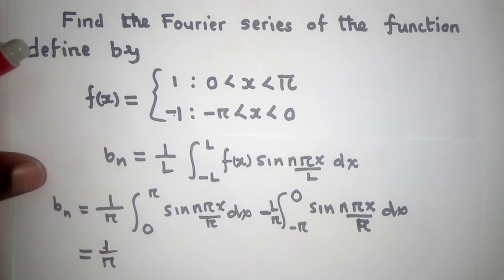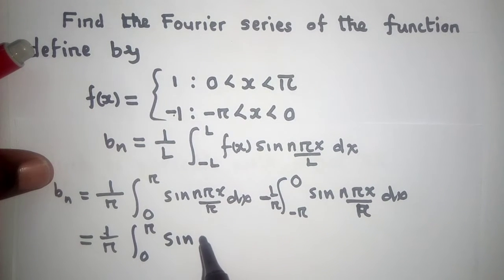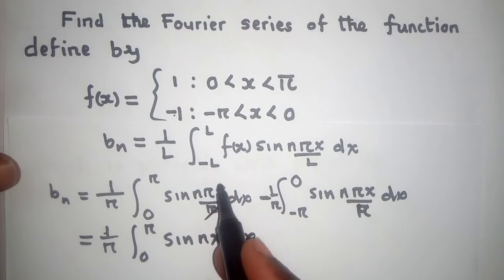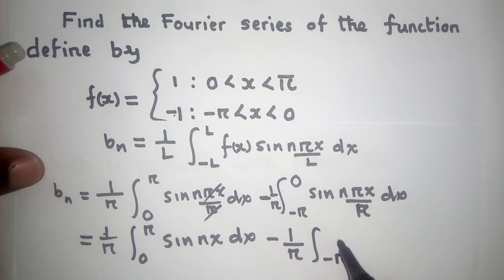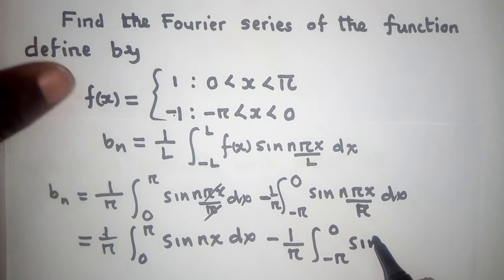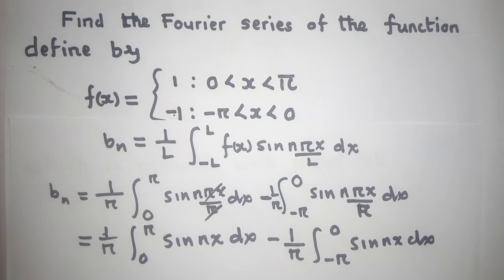When we solve nicely, we have something like this. Here it will be sine nx dx. This and this will cancel. Minus, okay, also sine nx dx. So that's what we have.